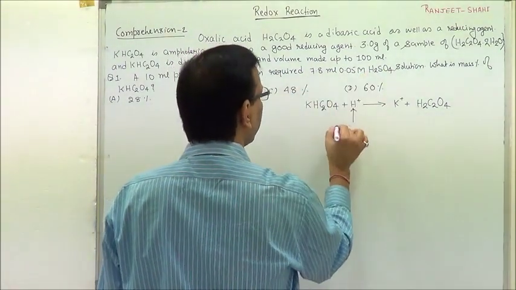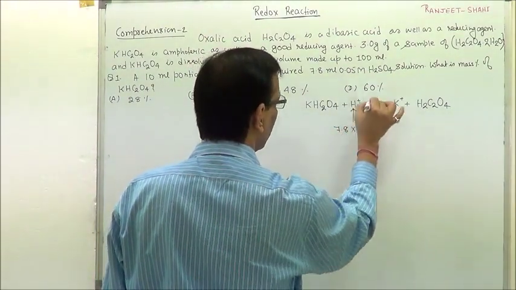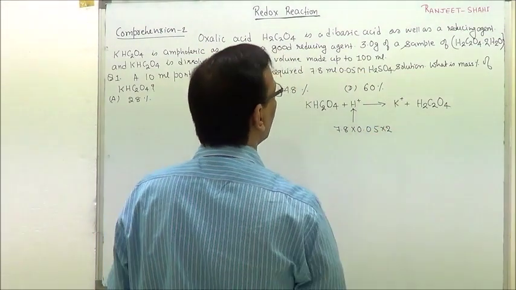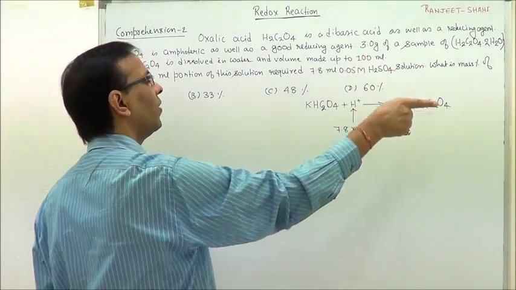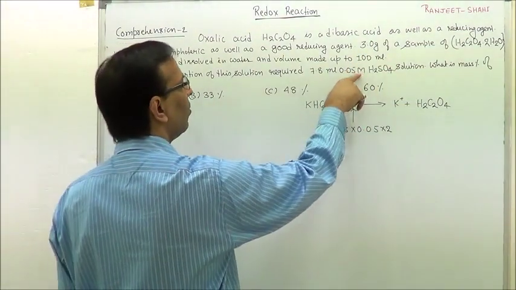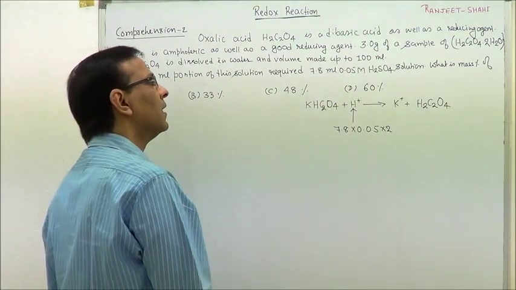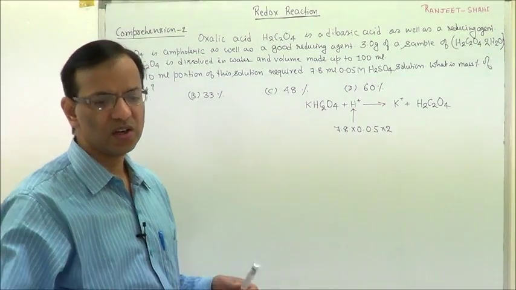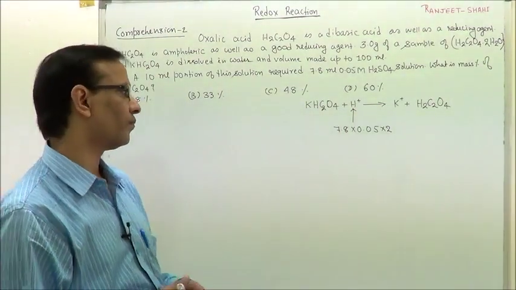volume of sulfuric acid 7.8 multiplied by molarity of sulfuric acid 0.05 multiplied by 2, because 1 mole of sulfuric acid gives 2 mole of hydrogen ion. So molarity will have to be multiplied by 2 in order to obtain the molarity of hydrogen ion. So we are interested here in hydrogen ion amount.